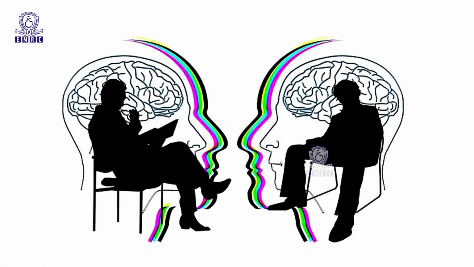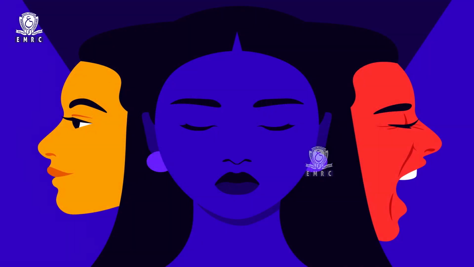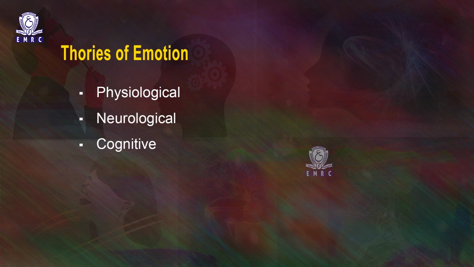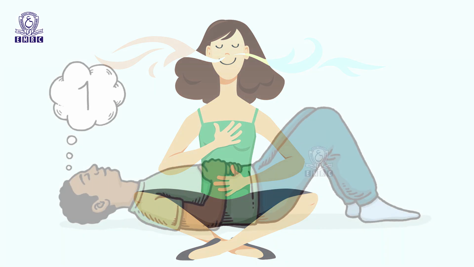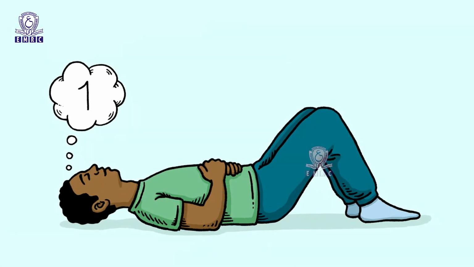The major theories of emotion can be grouped into three main categories: physiological, neurological and cognitive. Physiological theories suggest that responses within the body are responsible for emotions.